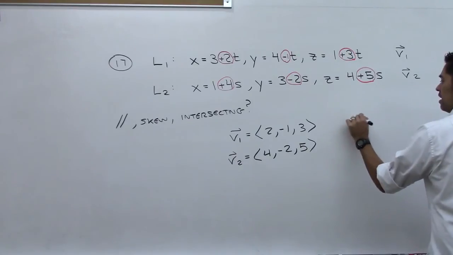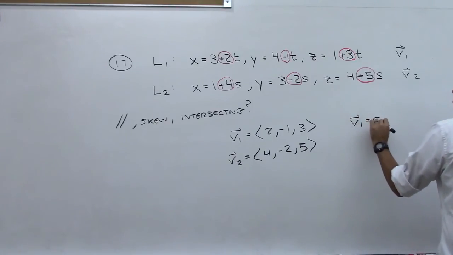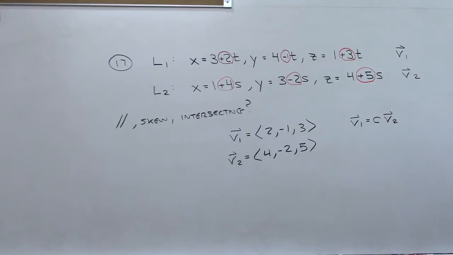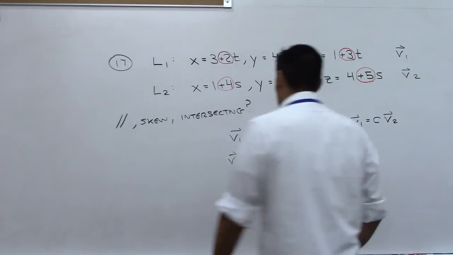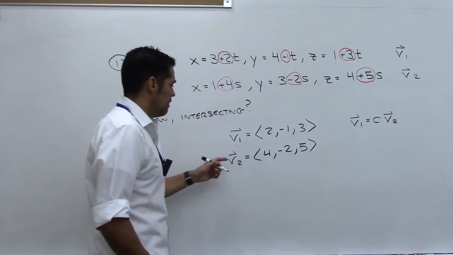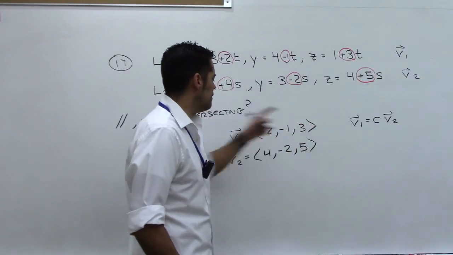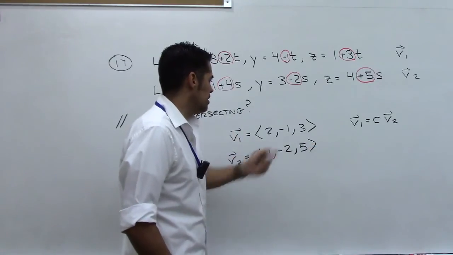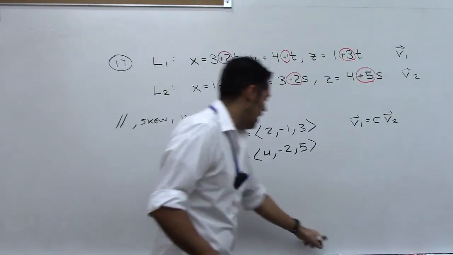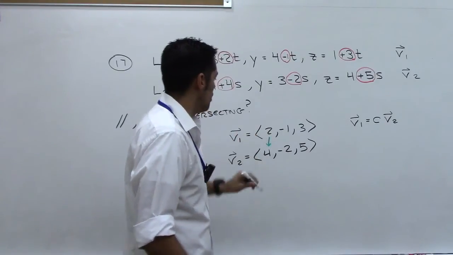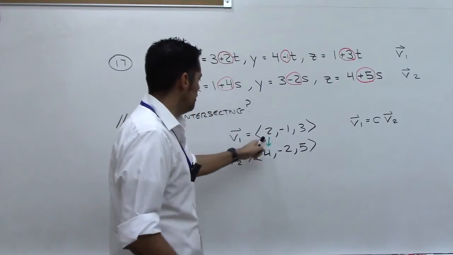Well, we want to see, is V1 some multiple of V2, right? So is there a number that I can multiply to get from this vector to this vector? So can I scale this vector in a way that it creates this? Well, the only way I'm going to be able to do that is if I can get the 2 to become a 4. So how would I make the 2 a 4? I would actually have to double, right?